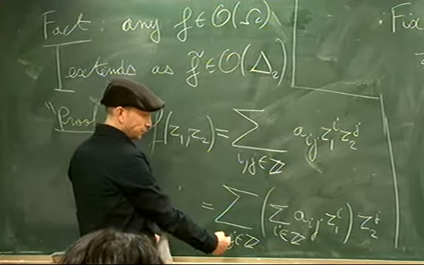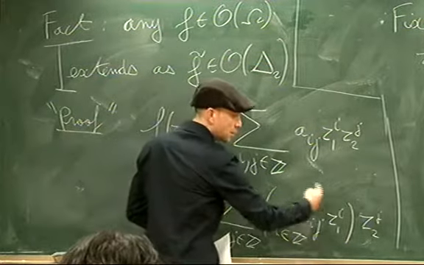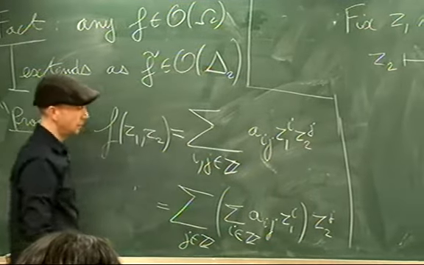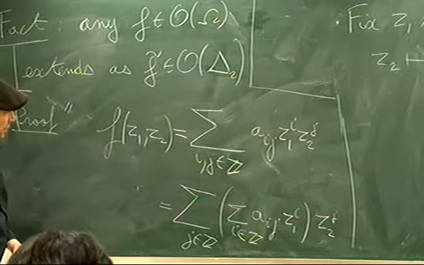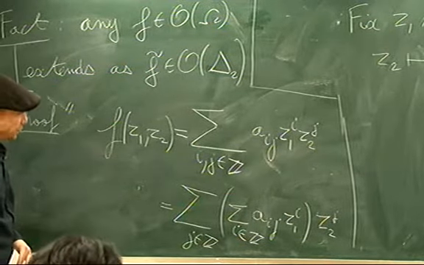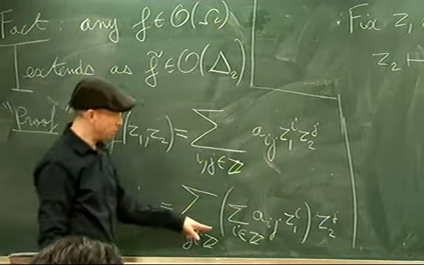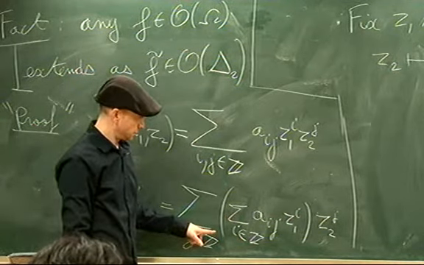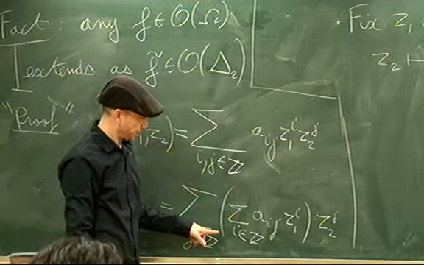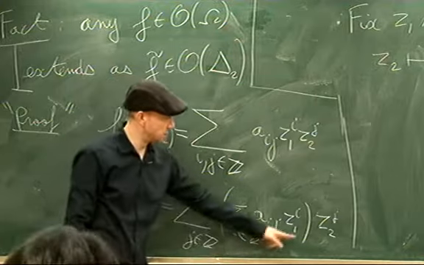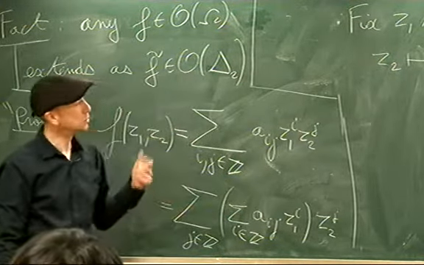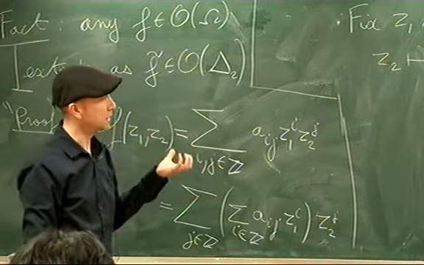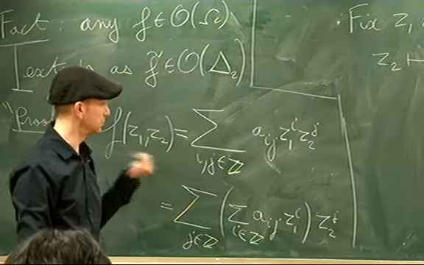For every j negative, this must be 0. But if for every negative j this is 0, then I can also let z1 vary now.